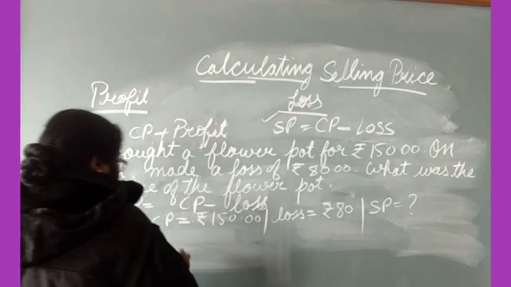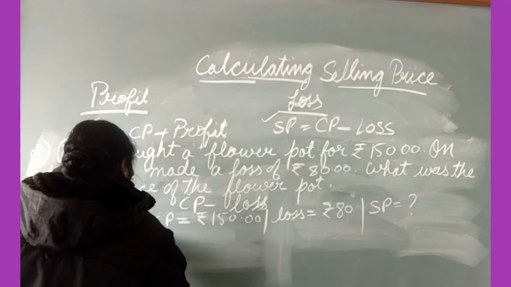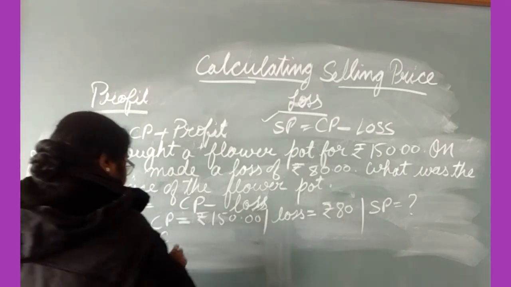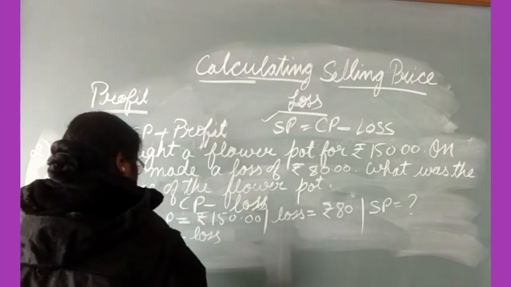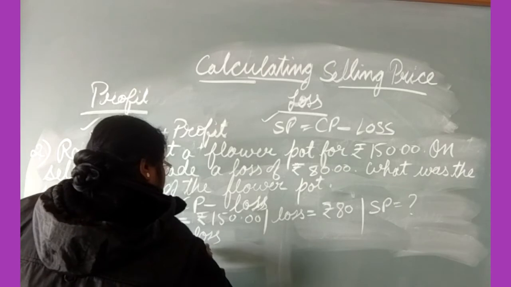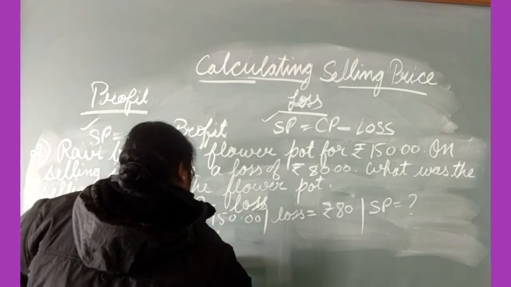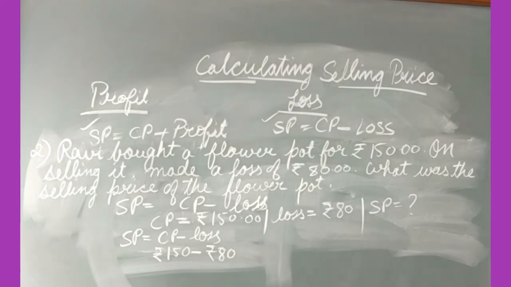So SP equal to CP minus loss. Rupees 150 minus rupees 80.